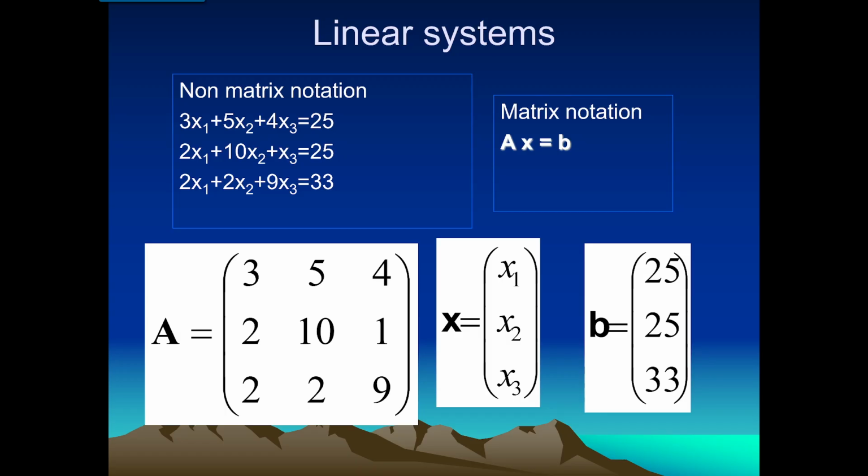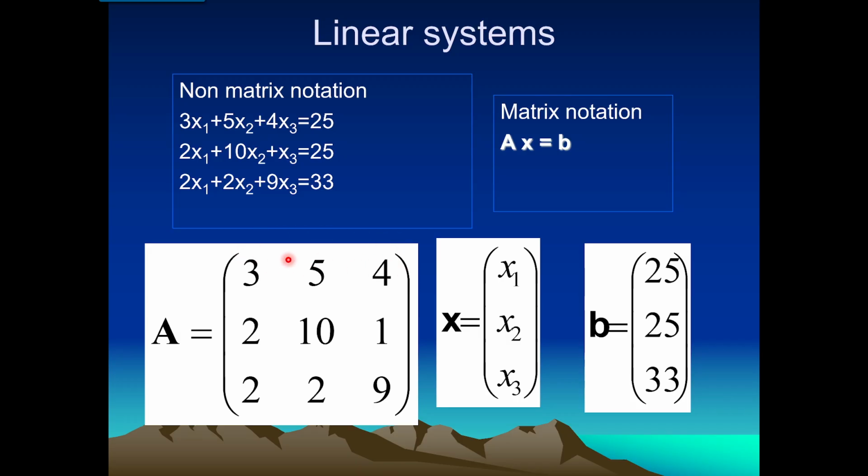Try to do the matrix multiplication of A times X. You see that this is 3 times X1 plus 5 times X2 plus 4 times X3, equal to 25.